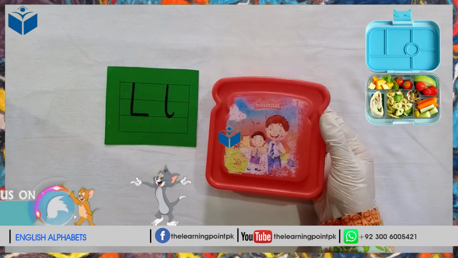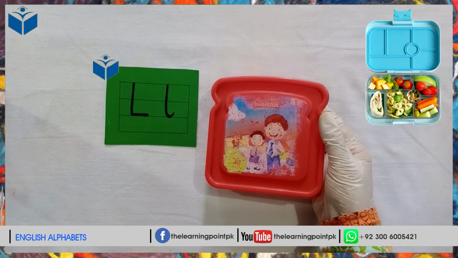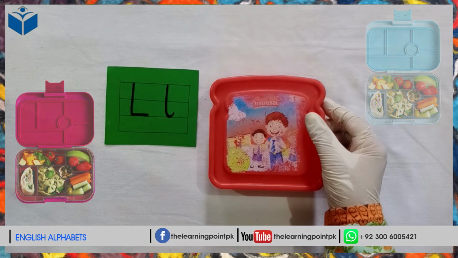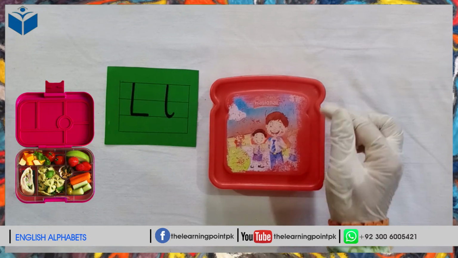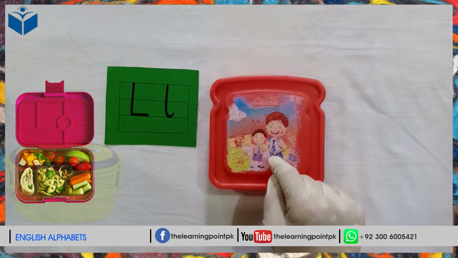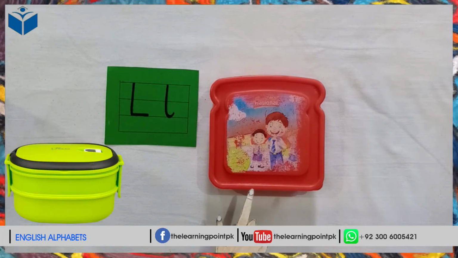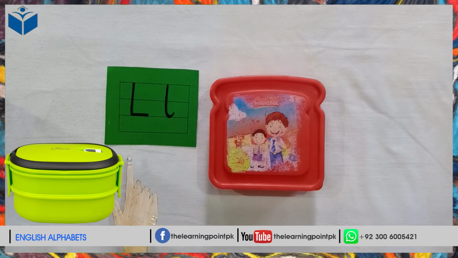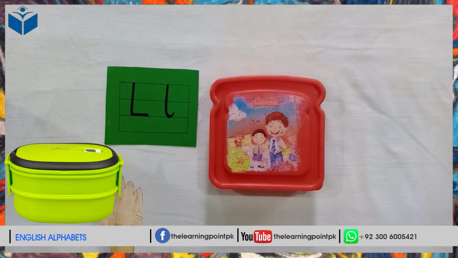Okay, what is it? I know you have it, and you put your lunch in this box, and this is called lunch box. Lunch box begins with phonic l.